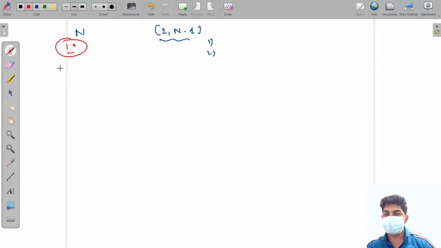So first let's write the numbers in the range 0 to 9: 0, 1, 2, 3, 4, 5, 6, 7, 8 and 9. Let me write their binaries.